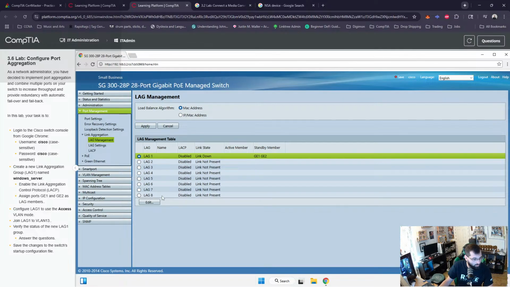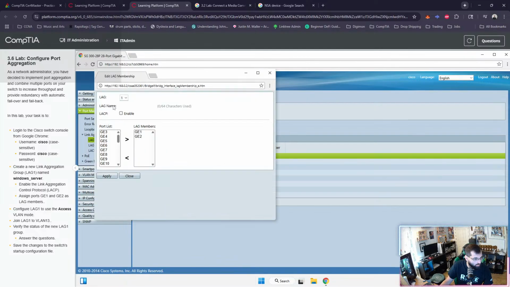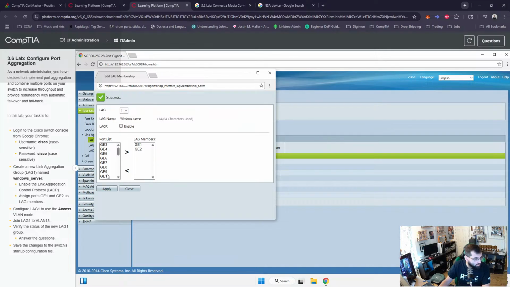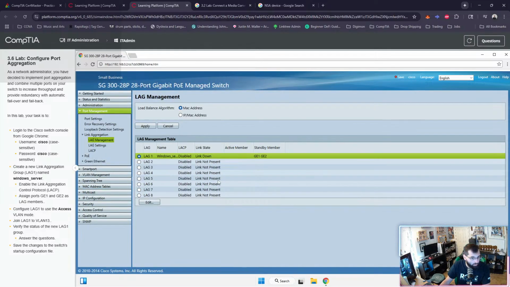But how do I name it? Thought maybe it would prompt me to name it. Oh, there it is. I just didn't see the prompt. It was all white. That's why dark mode's better. Windows Server. Okay, close. I did that.